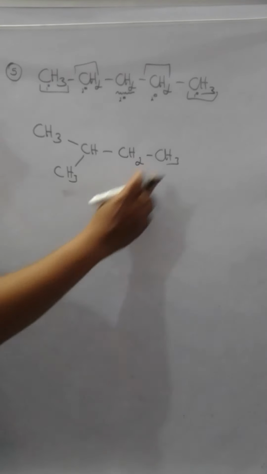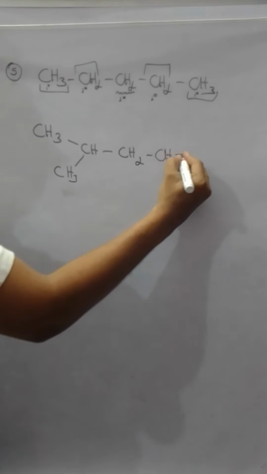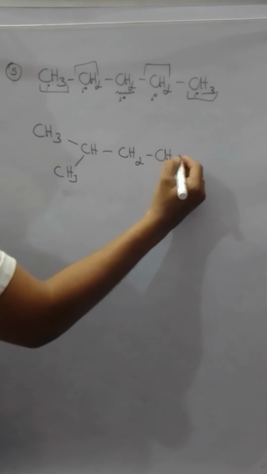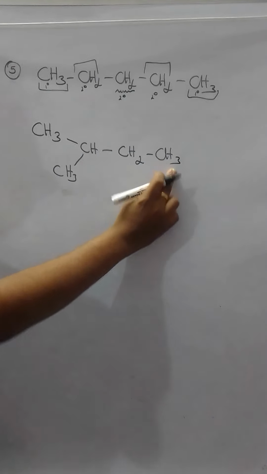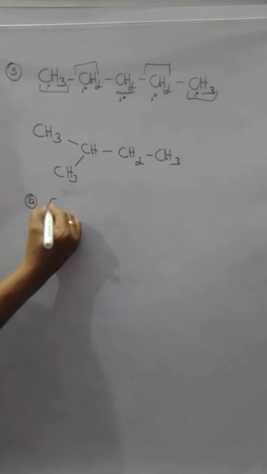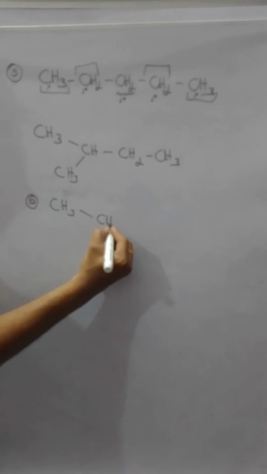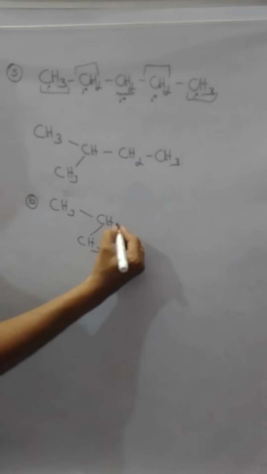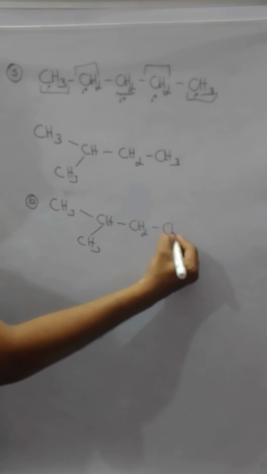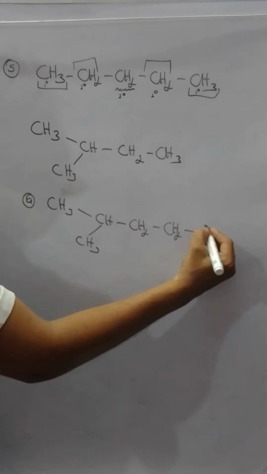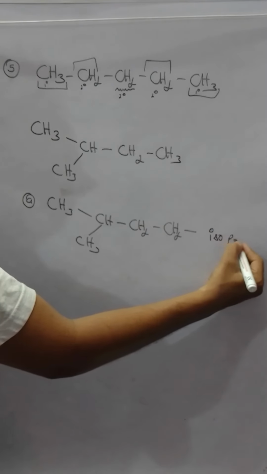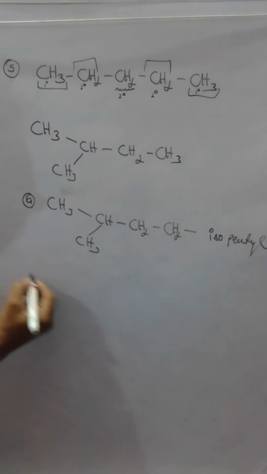In isopentane, if I remove one hydrogen from here, we call it as, remember there are 3 types of pentyls here. We have an iso group, so just isopentyl, this is my isopentyl.